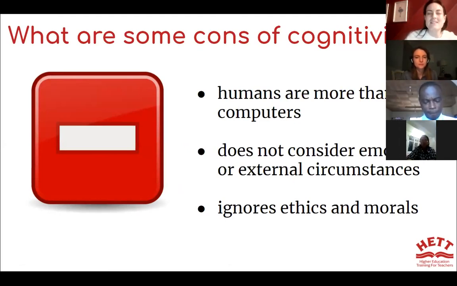It doesn't really consider emotions or external circumstances. It doesn't think about ethics or morals. Directly observable is actually more behaviorism, because this is more in your head. You can maybe observe it a little bit, but behaviorism you can really observe.